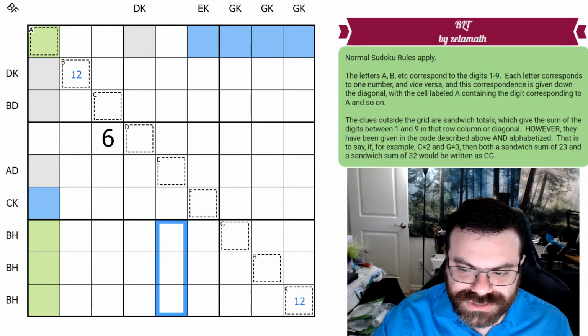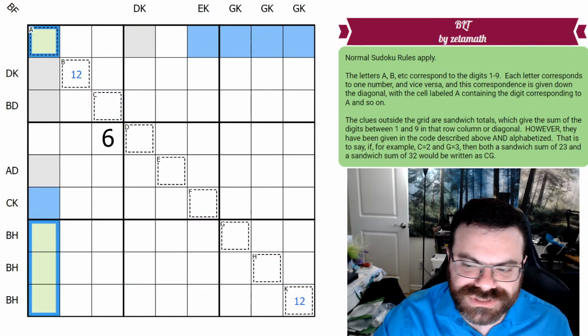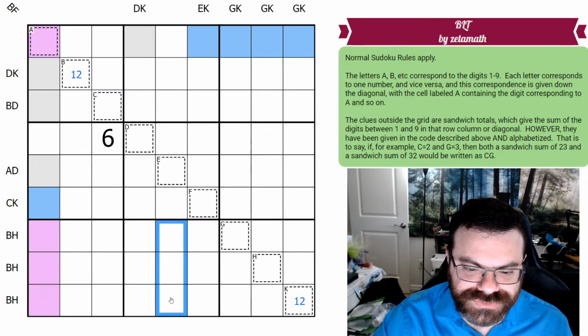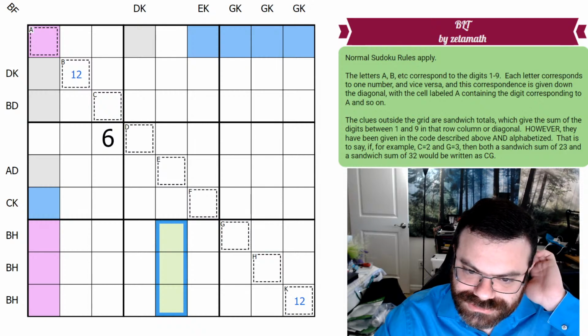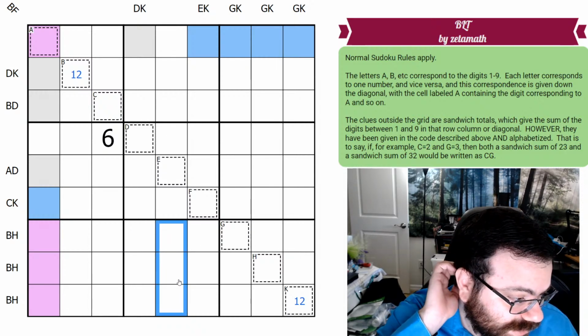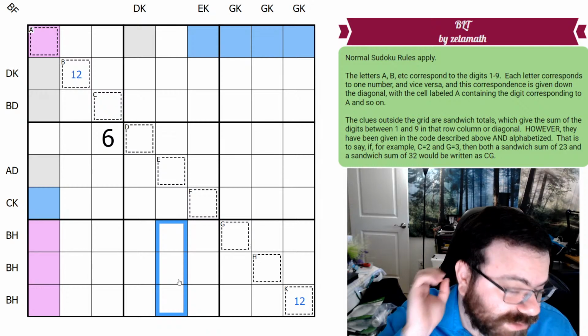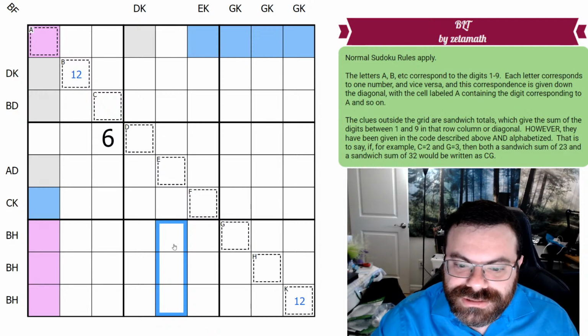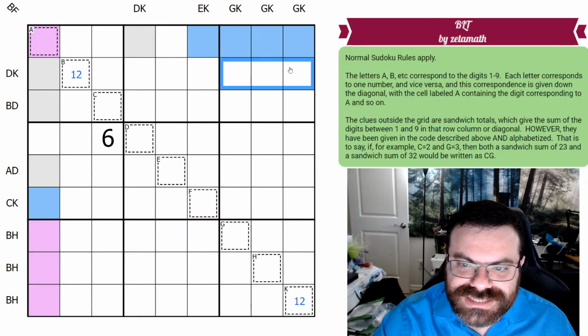So I don't have any 1s or 9s. In fact, I think green was a bad choice here. Let's use purple, because I want to use green to mark where 1s and 9s can't be. Well, I suppose that we can't prove they can't be here yet. And it's the exact same thing here.